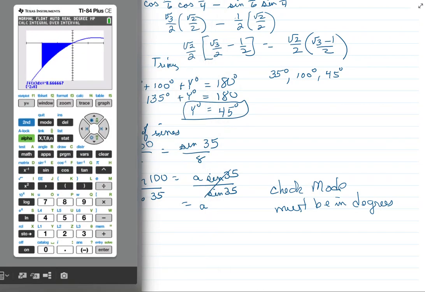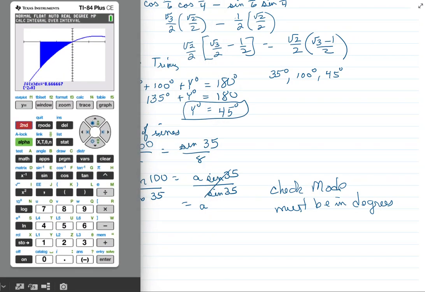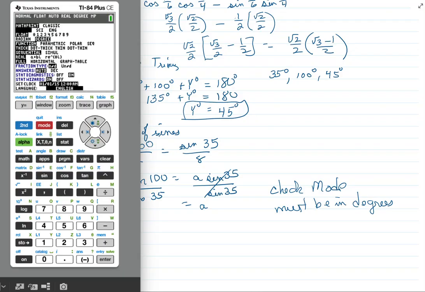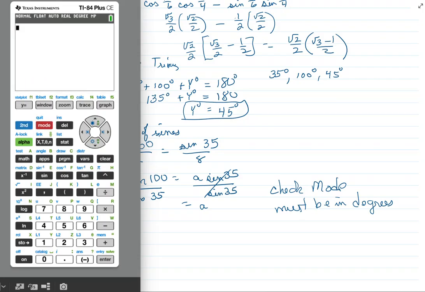So I'm going to go in my mode, and it's in degrees, so I'm good. So I'm going to put the sine of the 100. Oops, wait, let me clear that.